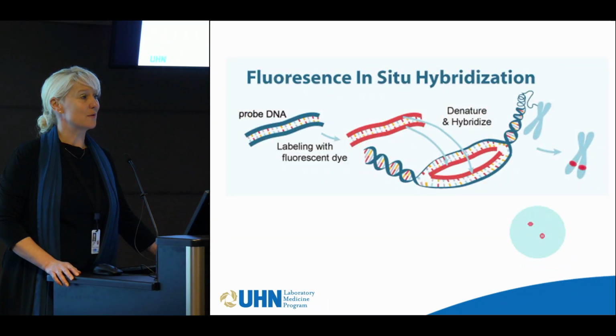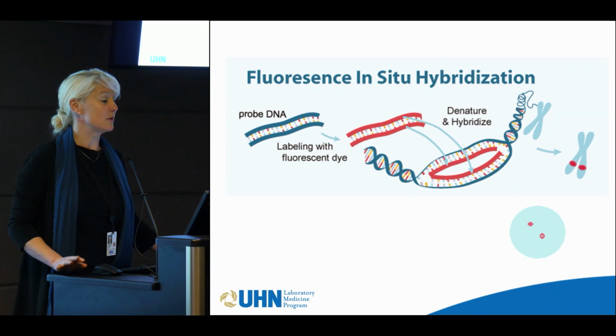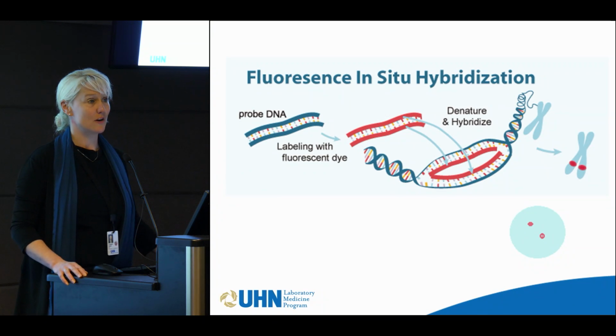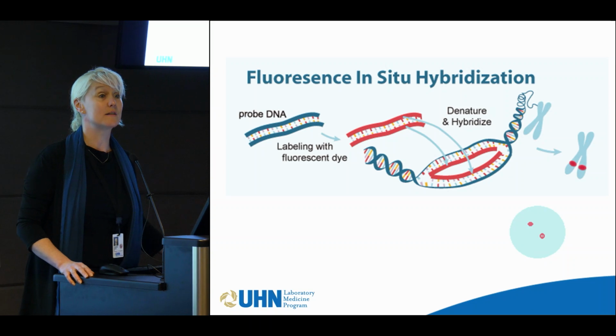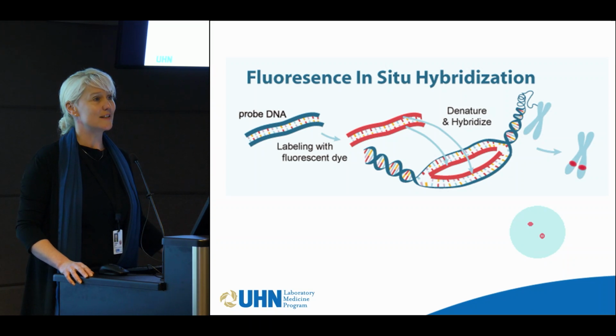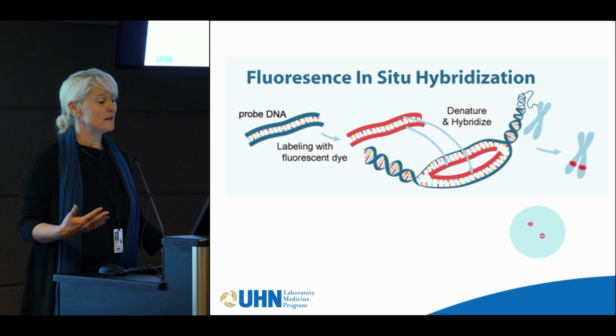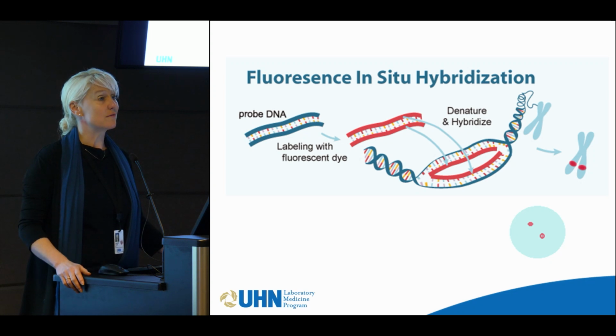Now, Shab did go through this, but I just thought I'd quickly go through fluorescence in situ hybridization, because all of our testing for multiple myeloma is done using this very simple and clever technology. Simply, you have a DNA probe, which is an exact clone of the region that you're interested in within the genome. We label it with a fluorochrome.